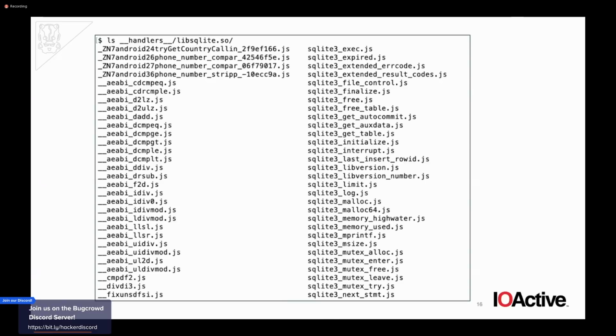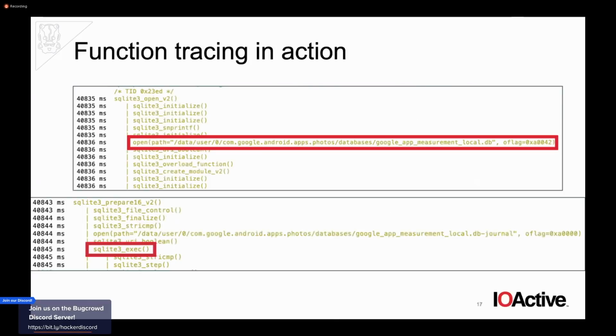And you really just want a quick look, via tracing, at what the application is doing with it. So this will dump everything and give you the option to modify any of these handlers and utilize them in Frida Trace.